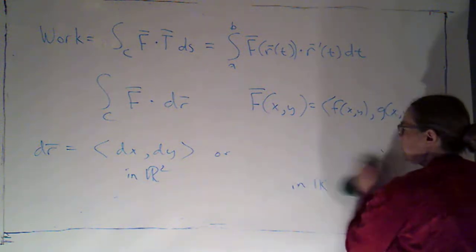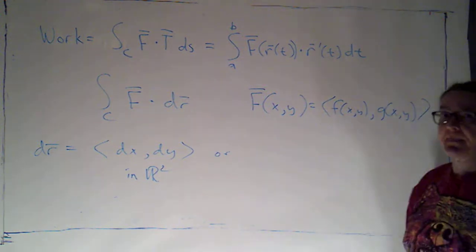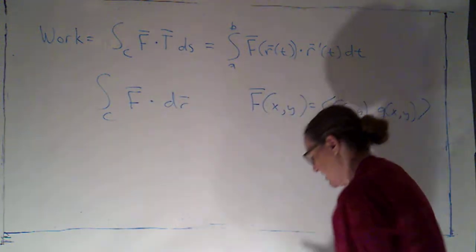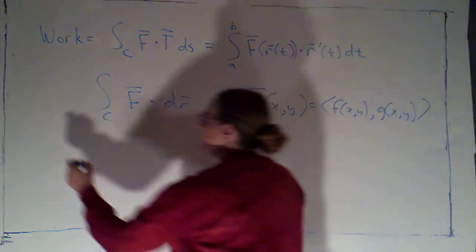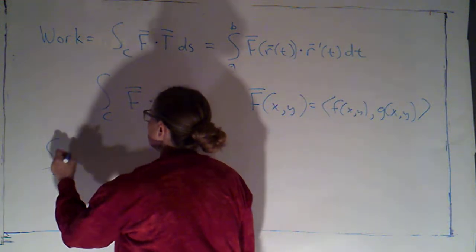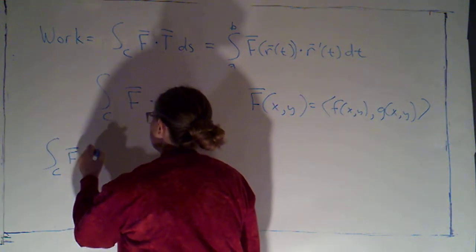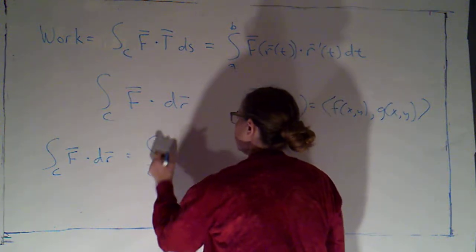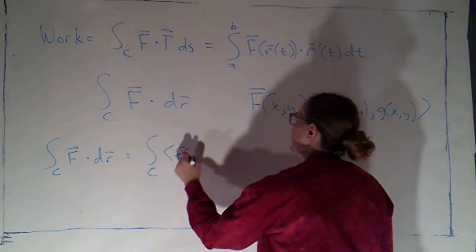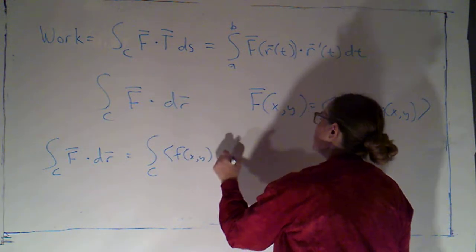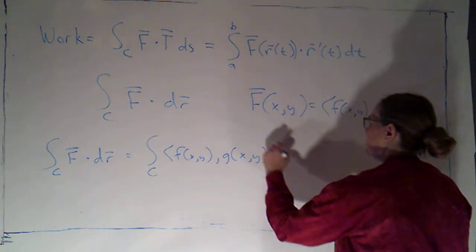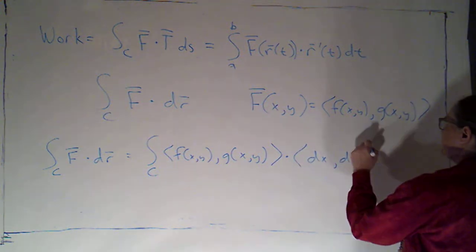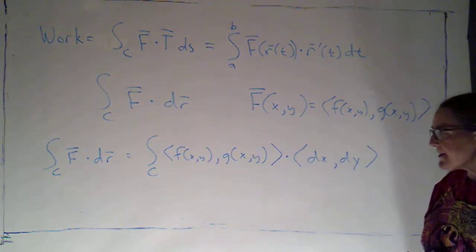Okay. Now I'm doing an example in 2-space. Obviously, if I were in 3-space, there would be a third component for the z value of that force field. So then if I have this, the integral along C of F dotted with dr becomes the integral along C of ⟨f(x, y), g(x, y)⟩ dotted with ⟨dx, dy⟩.